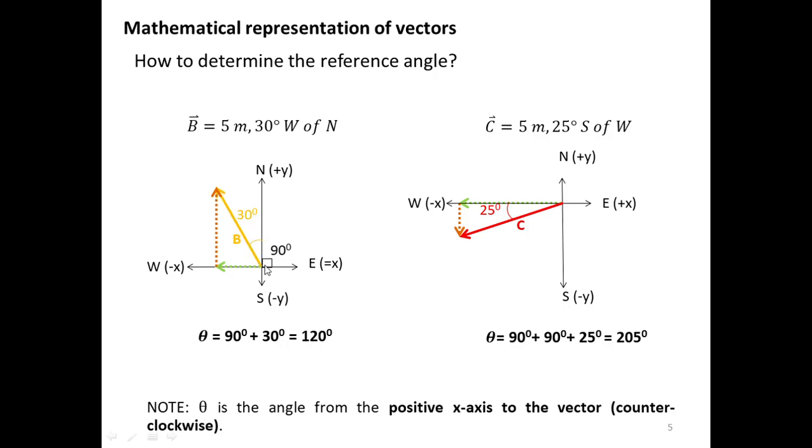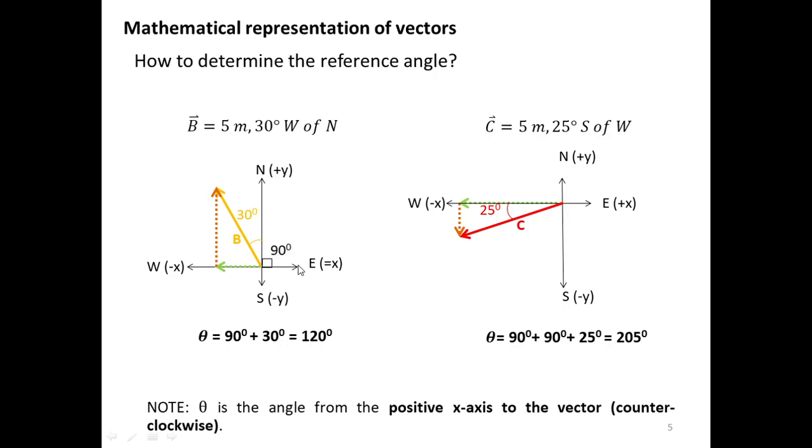So what is the reference angle of this vector? This vector is located here. Never mind these component arrows, just focus on this yellow arrow. The reference angle of this should be from the positive x-axis towards that direction. So how do we measure that angle? We know that in the first quadrant, we have 90 degrees, right?